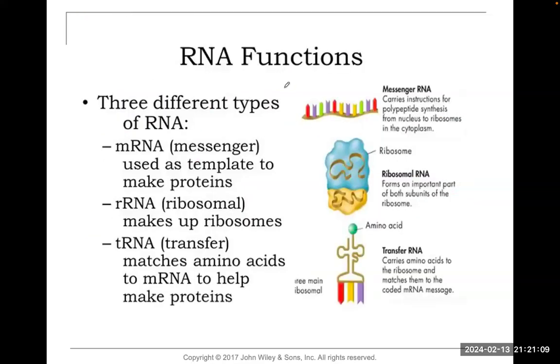If we look at the three types, you have messenger, ribosomal, and transfer. The messenger carries the instructions for the polypeptide synthesis from the nucleus to the ribosomes. That's the messenger RNA. The ribosomal RNA makes up the ribosomes.